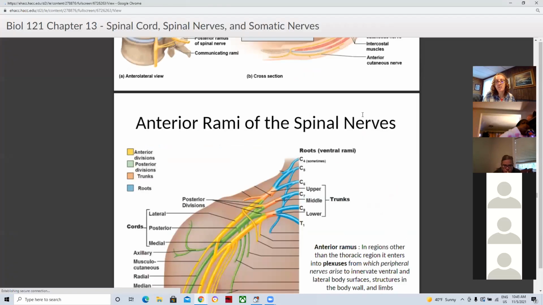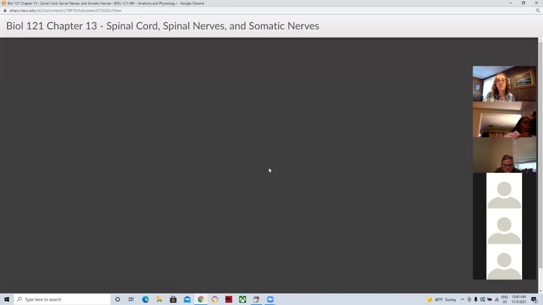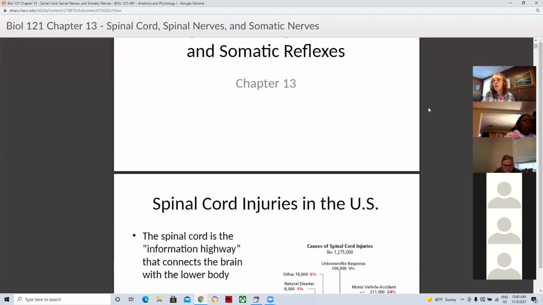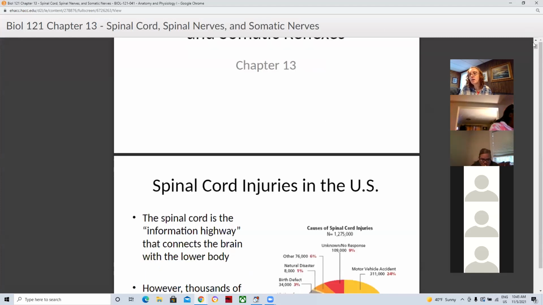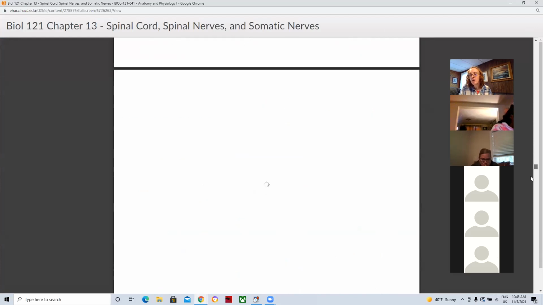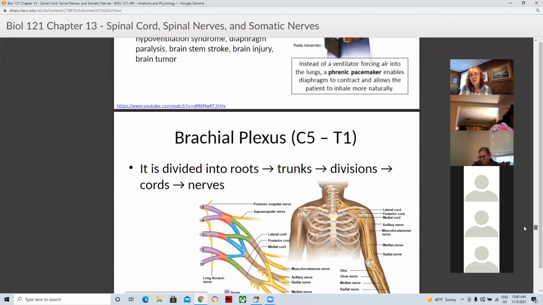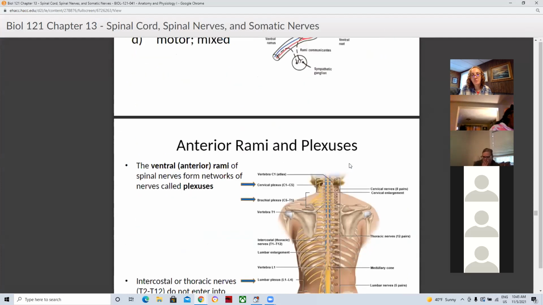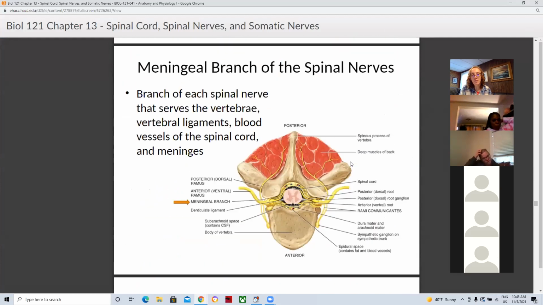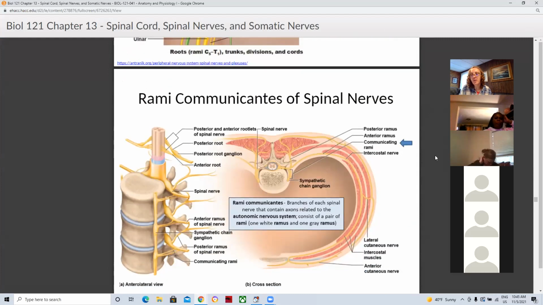I knew it was going to do that. Okay, we'll make it through most of the spinal cord, and then we will finish this up. But I thought that's a neat picture, so I had to show it.